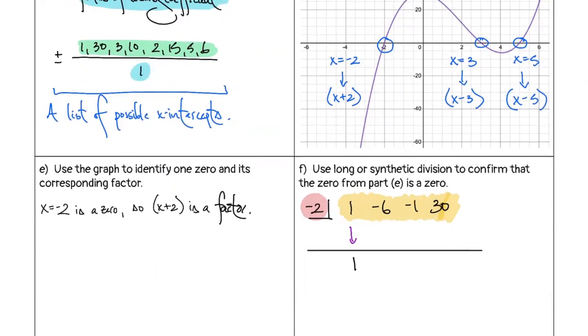1. We're going to multiply. -2 times 1 is -2.